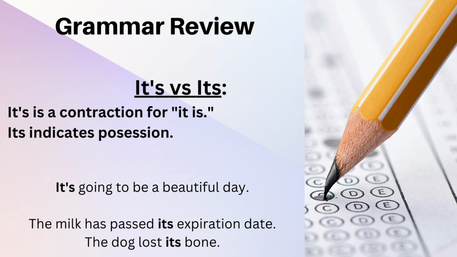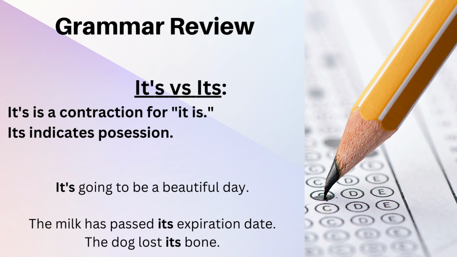Remember that using the apostrophe is an indication that the word represents a contraction meant to be short for it is. The word without the apostrophe indicates possession. It's going to be a beautiful day. Can you replace it with it is? It is going to be a beautiful day. Yes, therefore, we need the apostrophe.